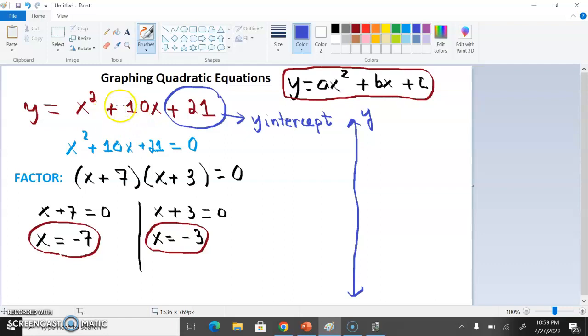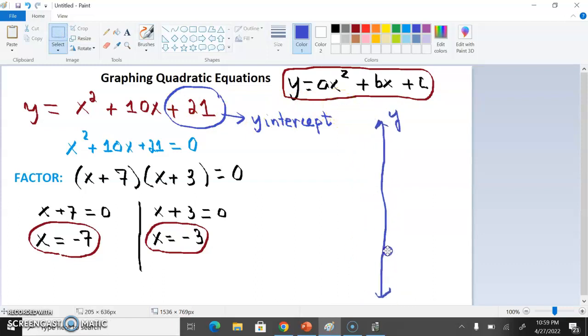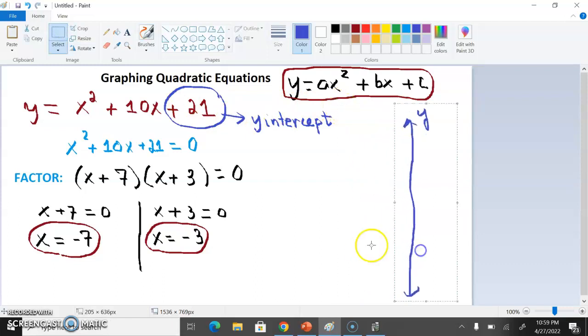Based on this, b is positive 10 and a is positive, so I know the graph is going to shift to the left. So I need more units on the left than on the right. So let me try to move this over a little bit. There you go.